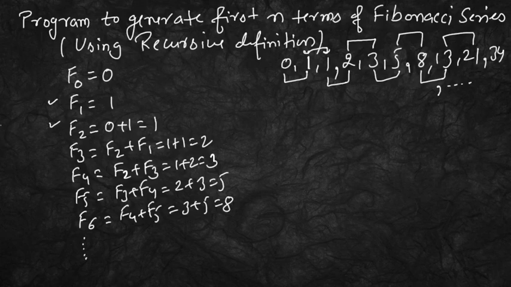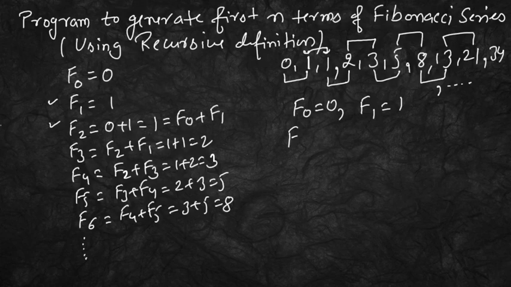Similarly, if we give the definition of the Fibonacci series through recursion, the first term is 0, the second term is 1, and other terms like f2 are defined as f0 plus f1, the sum of the last two terms.